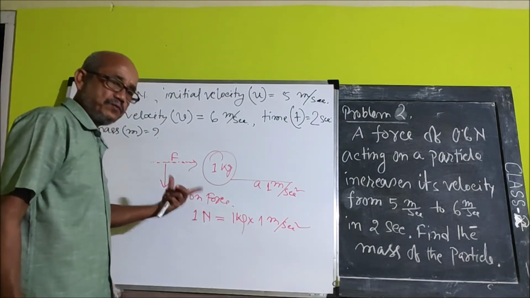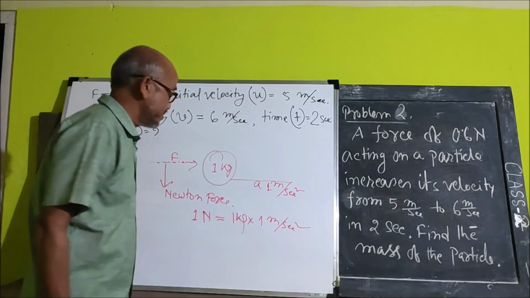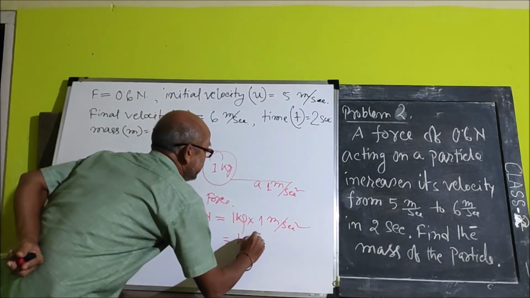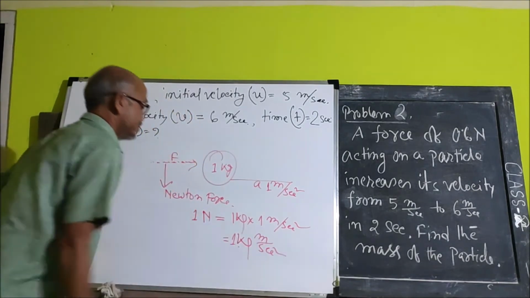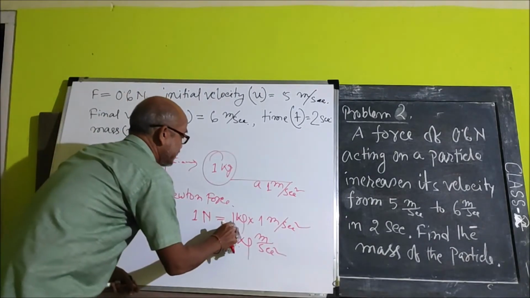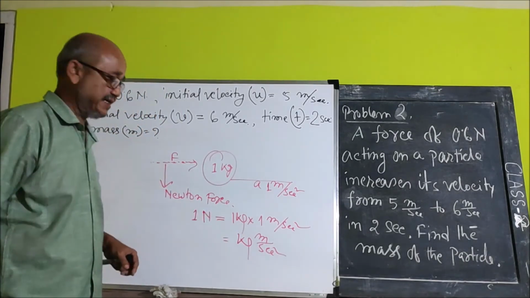So 1 Newton equals 1 kg into 1 meter per second square. Ultimately we get kg meter per second square. So the unit of 1 Newton is kg meter per second square.